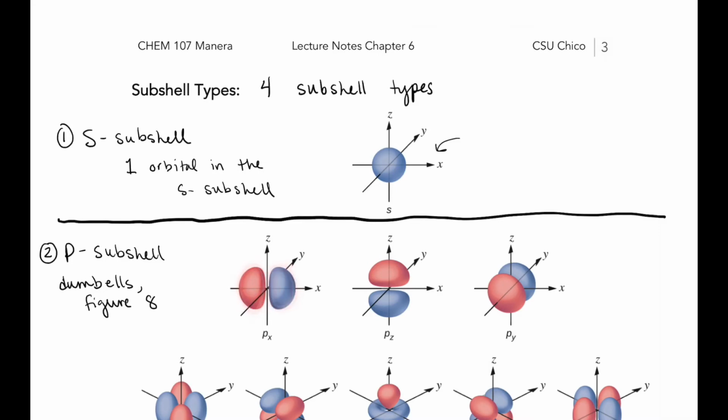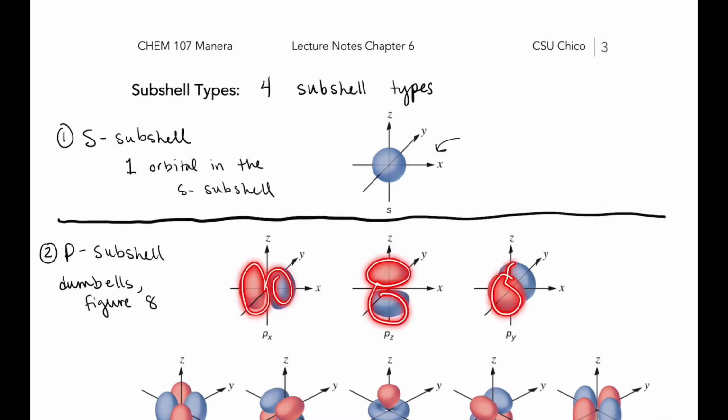It's completely empty. But there's the probability that the electron is on either side of this center point. Okay, so if we have a shape like this that's kind of like an 8 or dumbbells, right, there are going to be 3 ways that we can orient this in space. We can orient it sideways, we can orient it up and down vertically, right, or we can orient it front to back, right, coming out the paper at us.